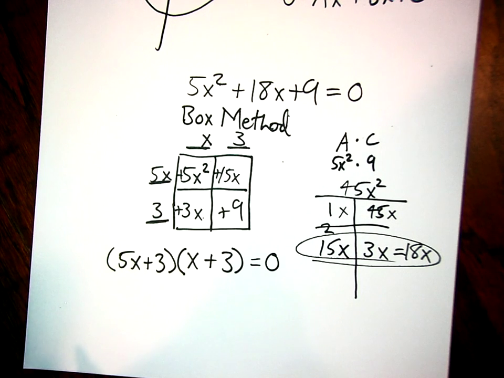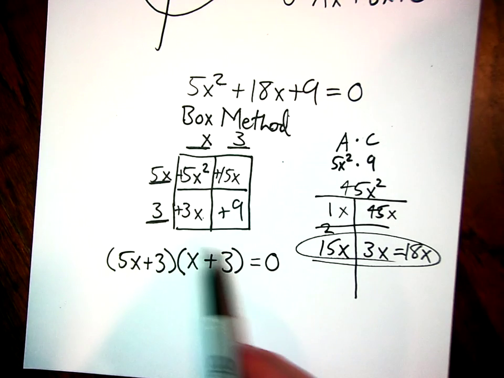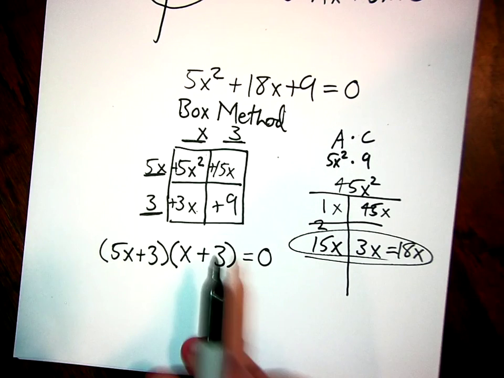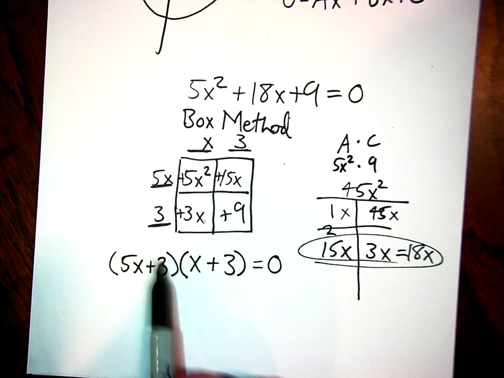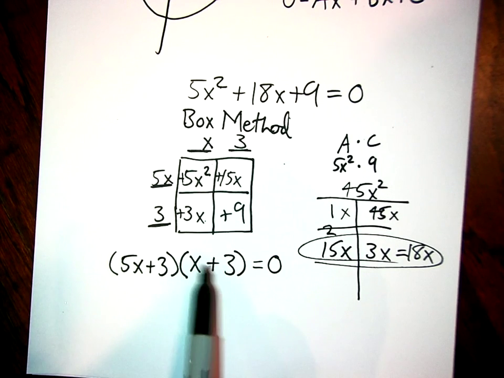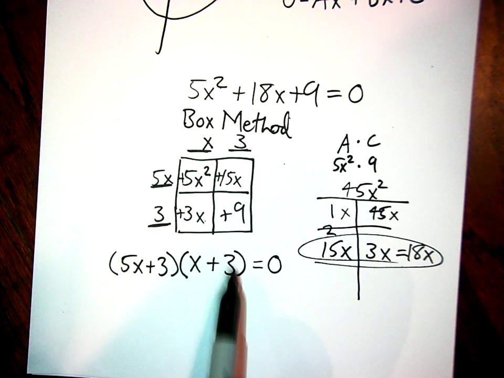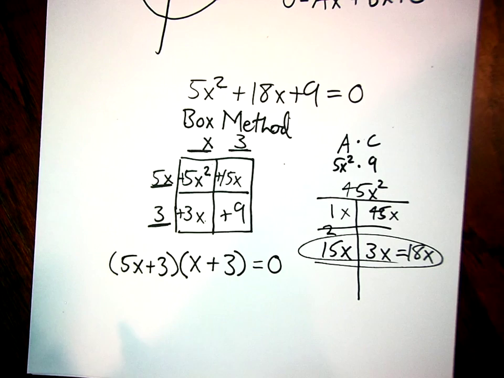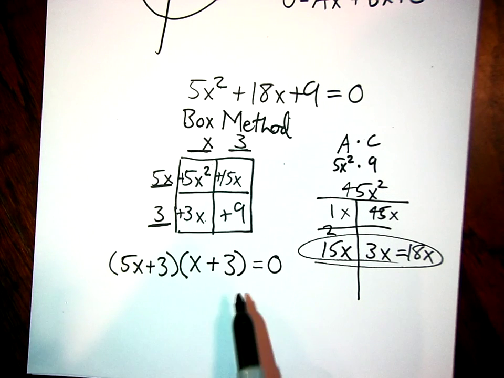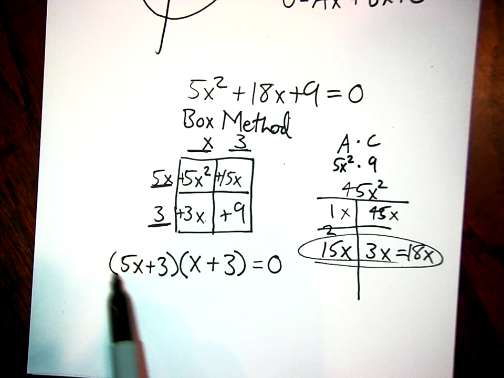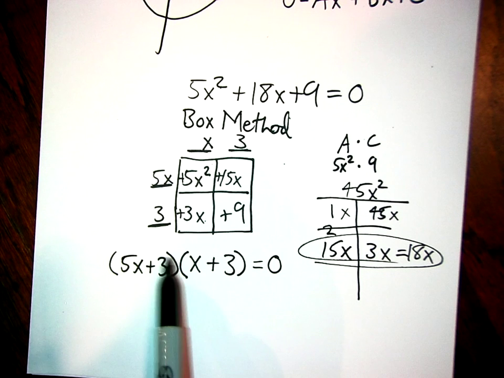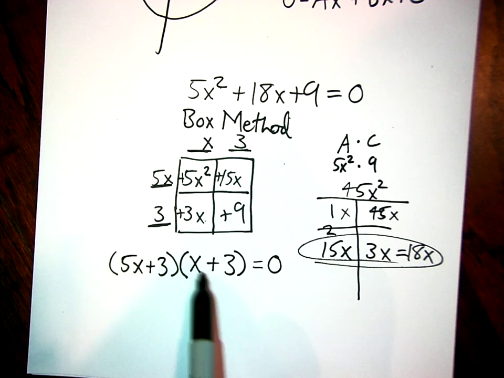It really doesn't matter which one is 0, because no matter what, if this x plus 3 ends up being 0, it doesn't matter what this is, because we're multiplying it by 0. So this term could turn out to be 100, and 100 times 0 is 0. Or it could go the other way. We could end up with a situation where this term goes to 0, and this term is negative 5.